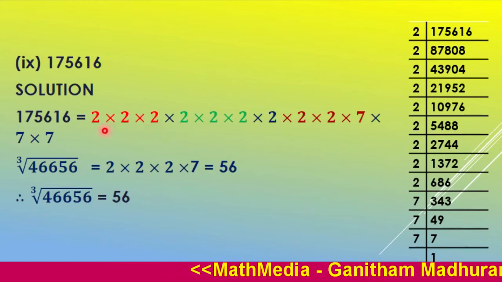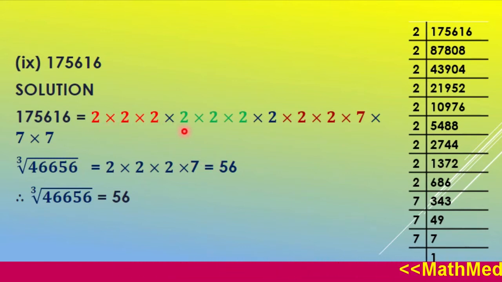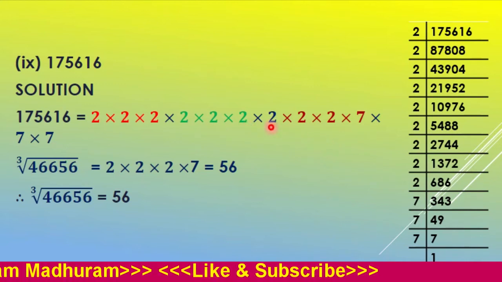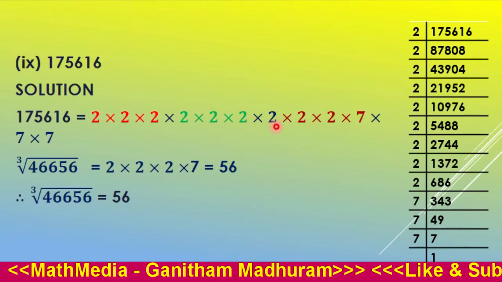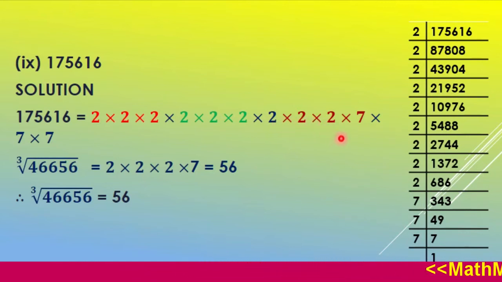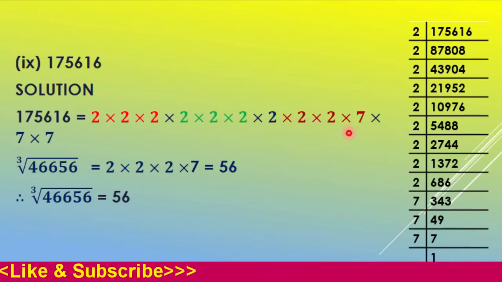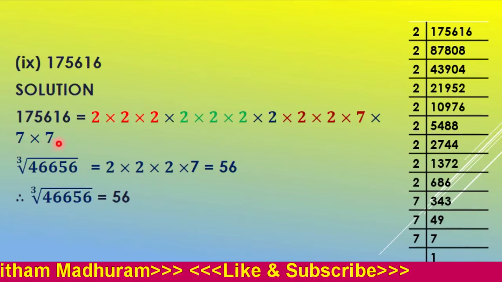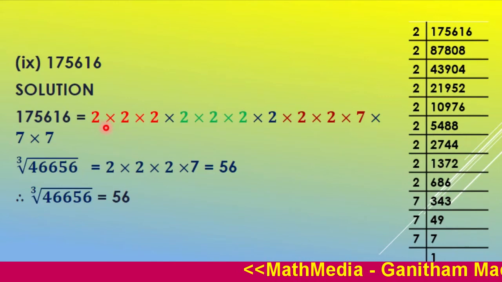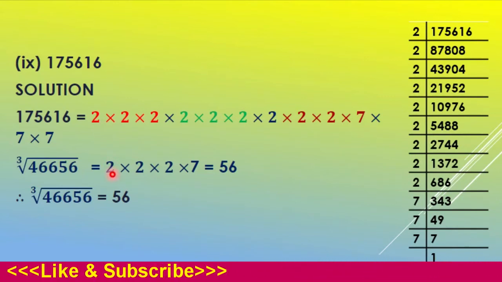So first I am making a group of 3, and again I am making a group of 3, and one more number with 2 I can make the group of 3, and the last group of 3 will be using number 7.